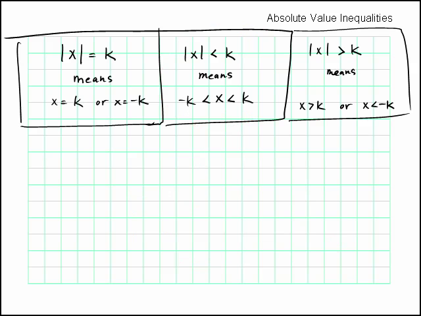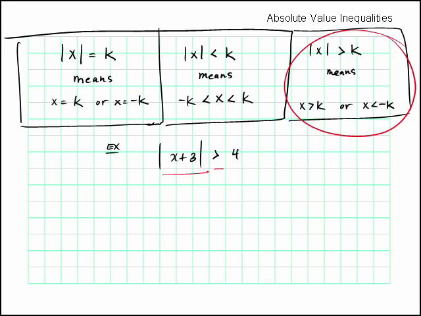Another example. Absolute value of x plus 3 is greater than 4. Now this one is absolute value greater than, and so the pattern which applies is that one right there.